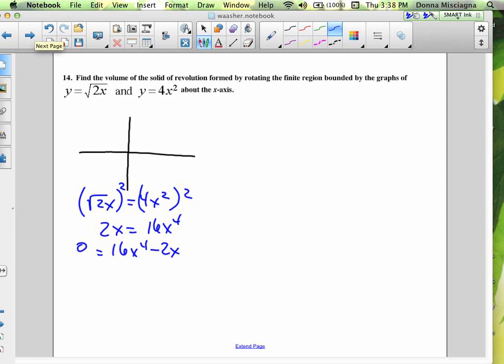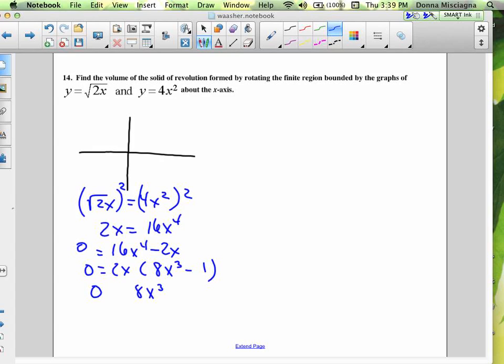We'll factor out the 2x, so I'd have 8x cubed minus 1. So actually, this won't be a very pretty number, because it's going to be the cube root of 1/8. So x is 0 or that, but they do intersect, and I didn't show that on my graph.